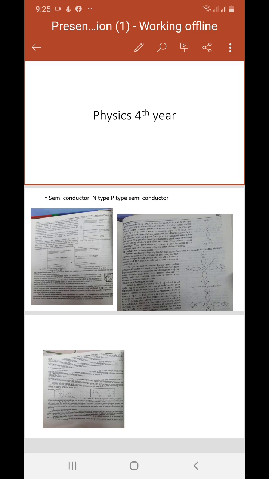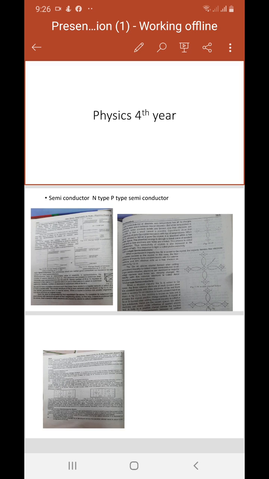The impurity with 5 electrons is called the donor because it provides a free electron. This is the N-type. The diagram is shown in 1.14, N-type crystal lattice. There are 4 covalent bonds with the antimony and germanium, and 1 is the free electron, and the free electron conducts electricity.